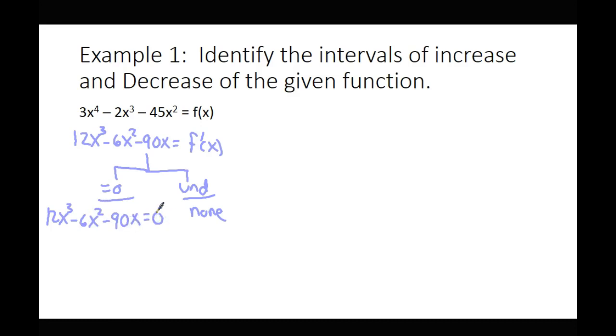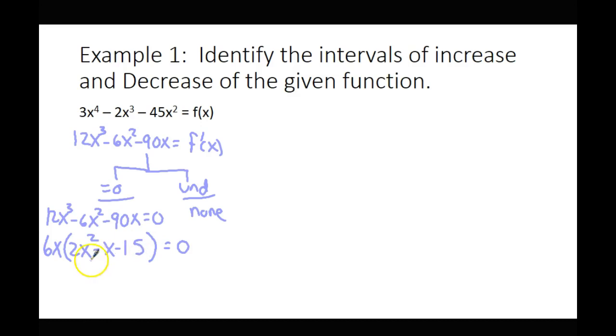So we would start with what here? Factoring, right? I would start by taking out a greatest common factor. 3 does, but we can go bigger. 6. Take out a 6x there. And that would leave me with 2x squared minus x minus 15.